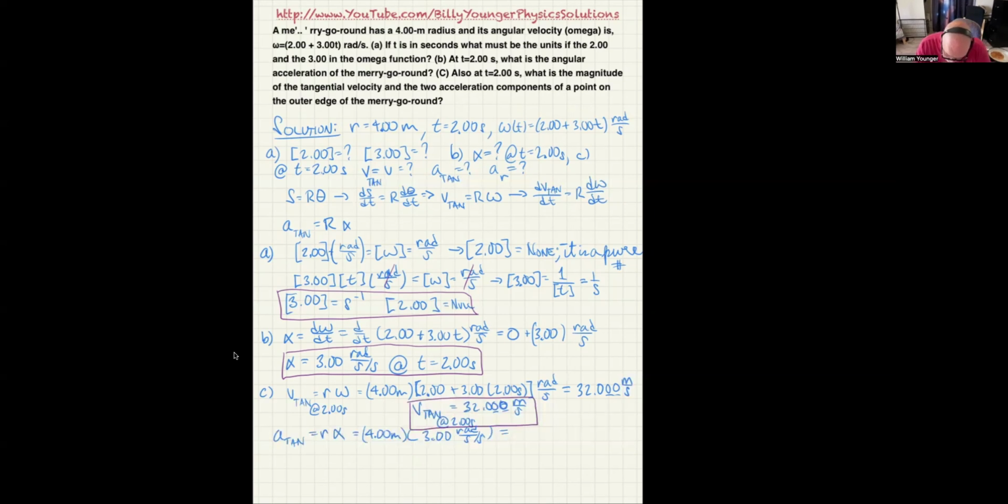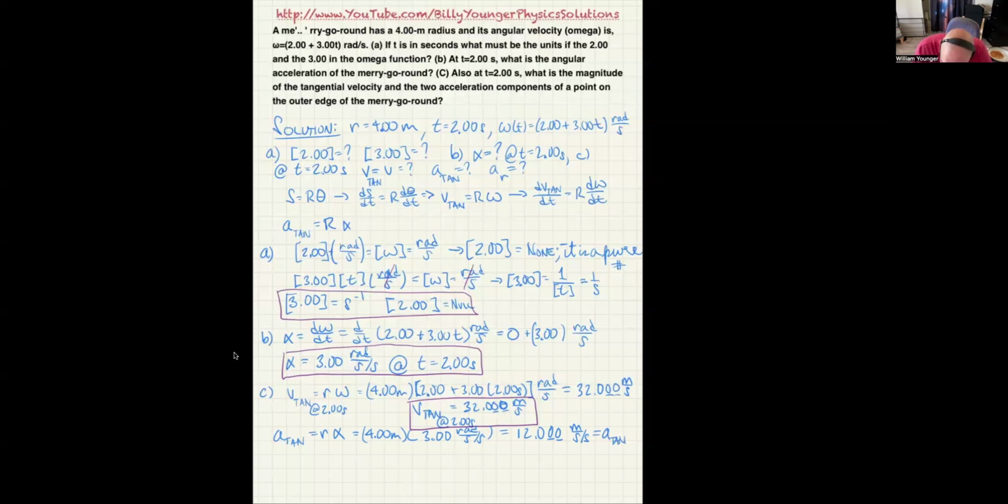Remember, the 3 actually has, in some sense, radians per second on it, as a result of the reciprocal second that's part of 3.00 and the radian per second that we're multiplying it by. So this should all give you 12.0, carrying 2 extra non-significant digits, again, just for safety. This all turns out to be 12.0 meters per second every second, which is equal to A tangent.